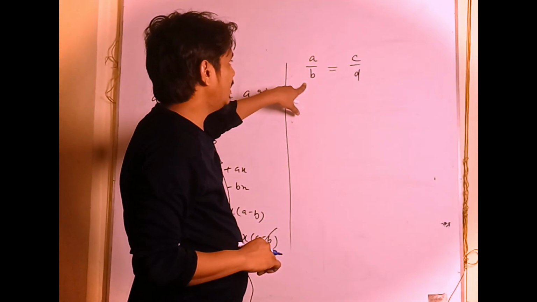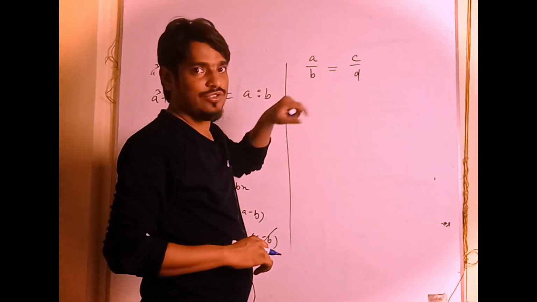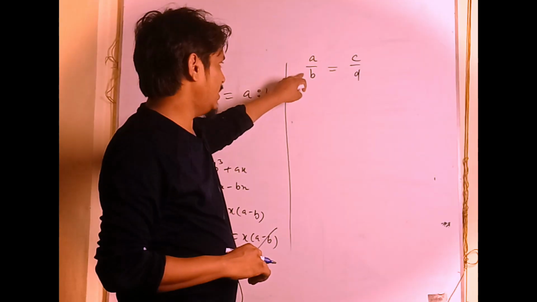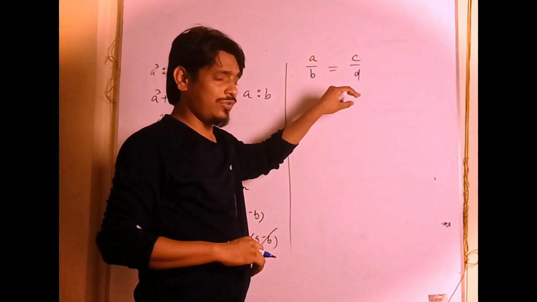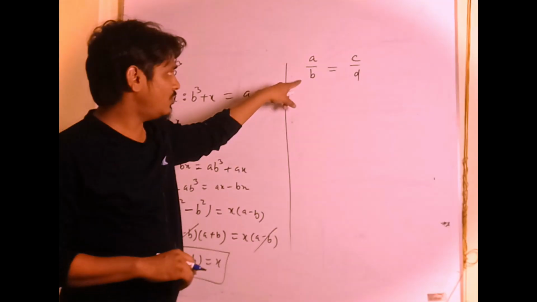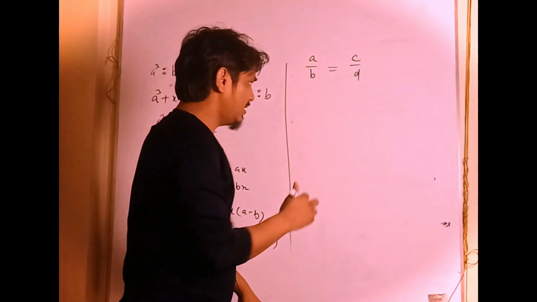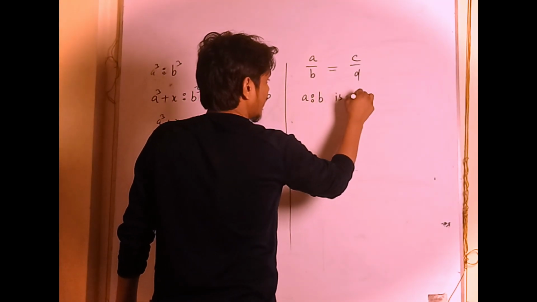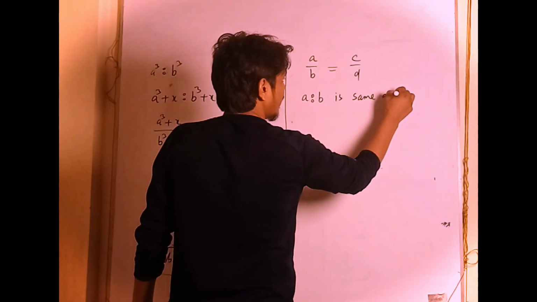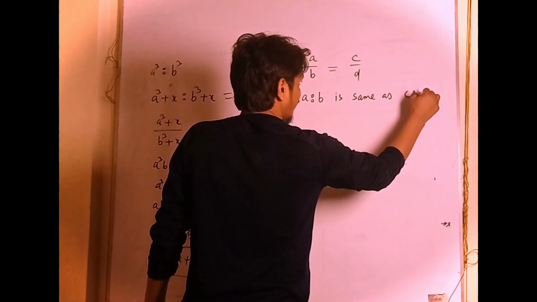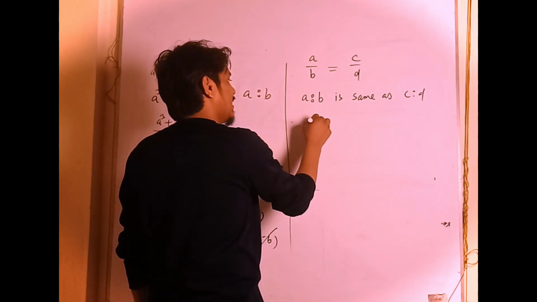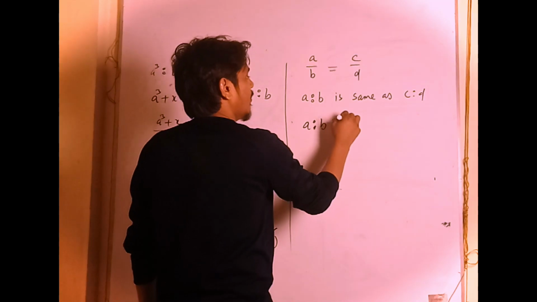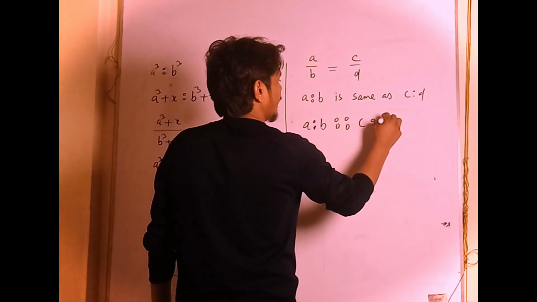A ratio B is same as C ratio D. So A is to B is same as C is to D. That we can write as A ratio B proportional C ratio D.